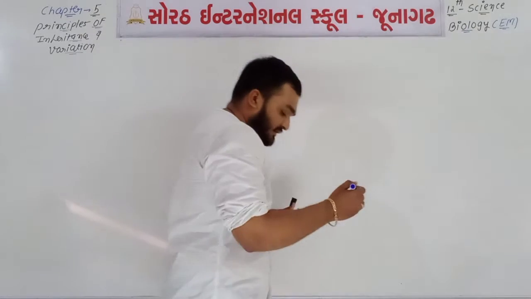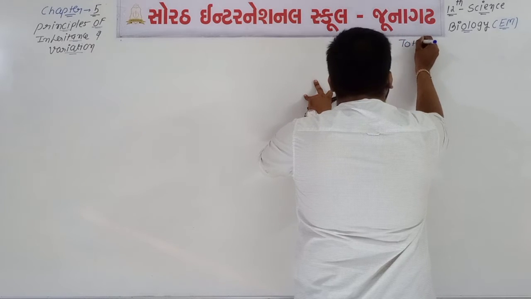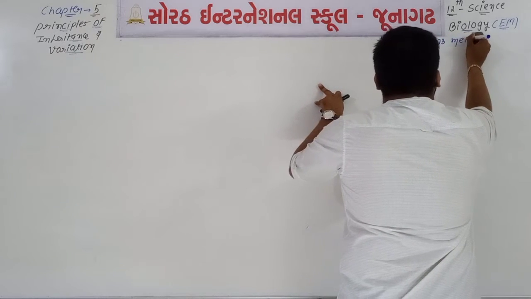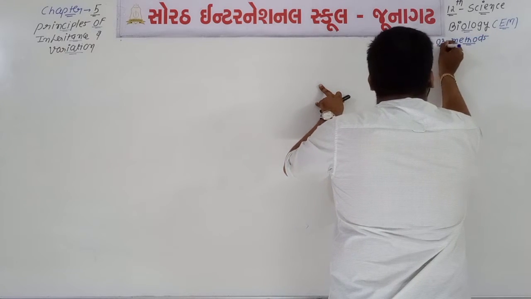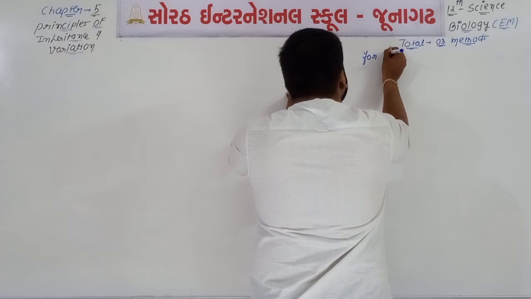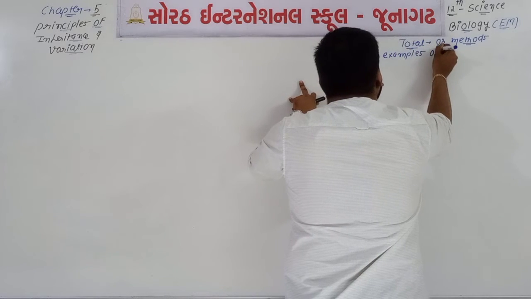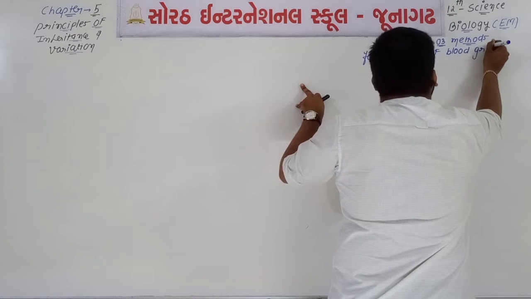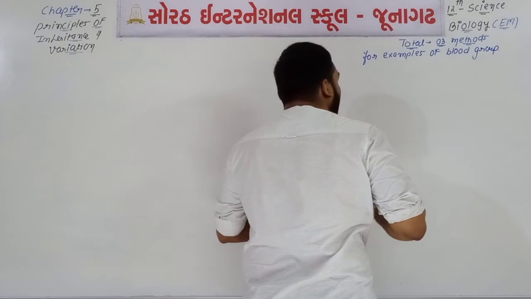So total 3 methods are there for the examples of blood group.